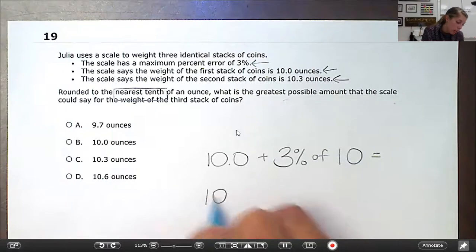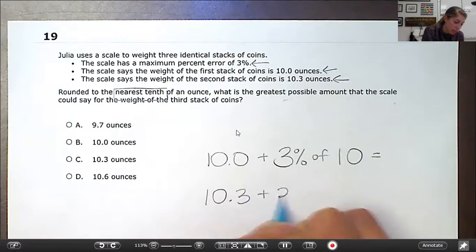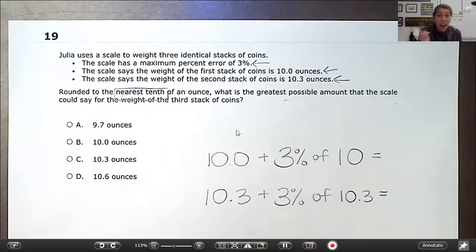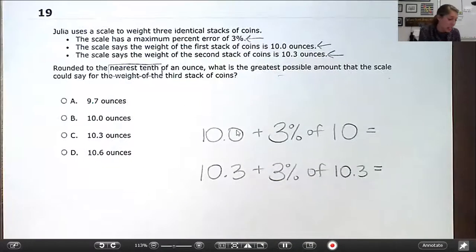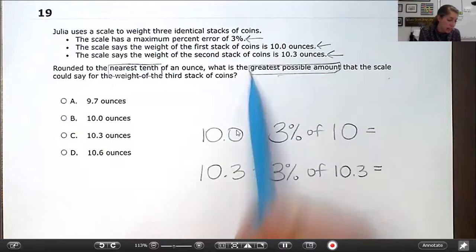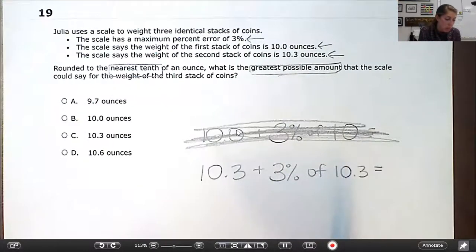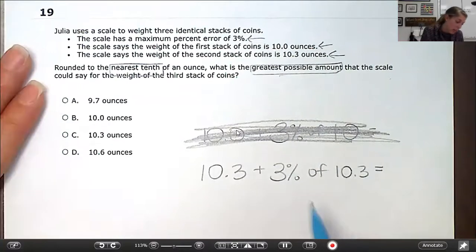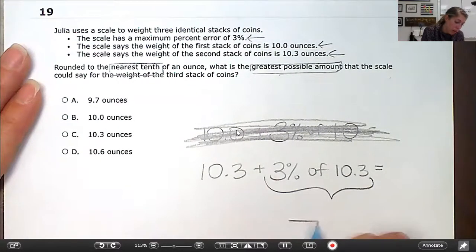And I could have 3% being added on to this one. Now, I don't have to do both of those questions because it asks for the greatest amount. Well, the greatest amount would be an increase 3% of the 10.3, okay? So I'm going to figure out what 3% of 10.3 is.